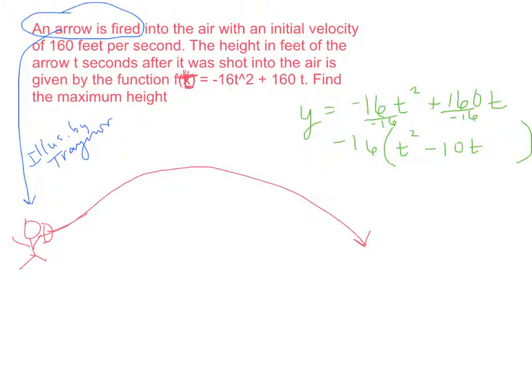So if that was you, or even if it's not, write yourself a little note, remind yourself to do that. Okay, now do your steps. Take half of that middle term and then square it. That gives you 25. That tells you what to add here.